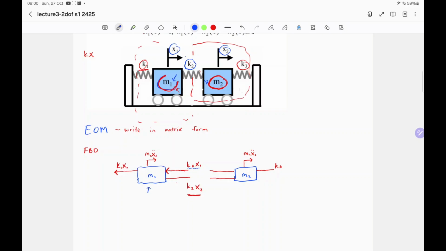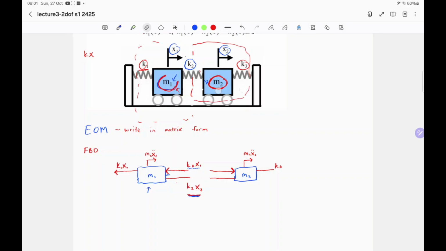Since K2 x1 on mass 1 is going to the left hand side, K2 x1 on mass 2 will go to the right hand side. So it's the opposite of that one. That's why I said it's better we determine mass 1 first. Next is K2 x2 for mass 2.